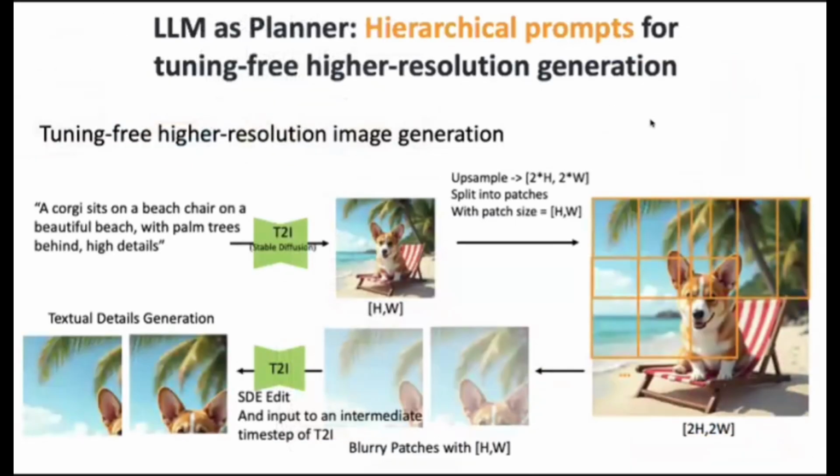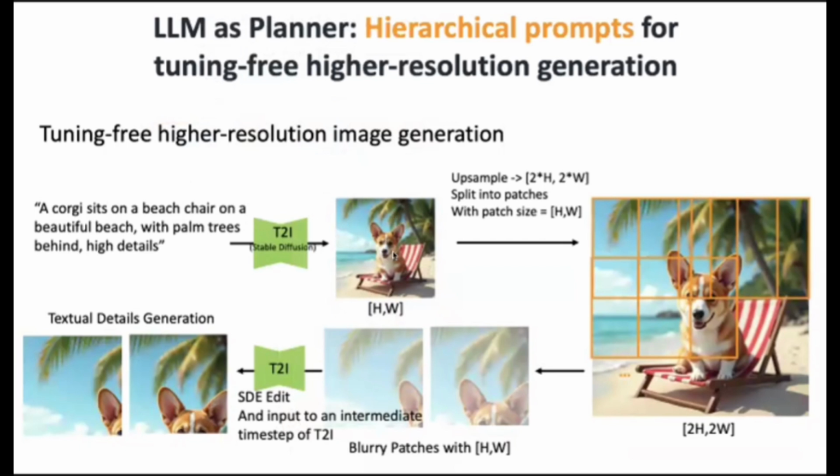And here's another example of large language models as a planner in the task of high resolution image generation. So the basic pipeline for high resolution image generation is that we want to make a pre-trained text-to-image model, which is trained in a lower resolution, generate a higher resolution than its training resolution. So the basic method for this task is we input a prompt to the low resolution model, and we get a low resolution image.